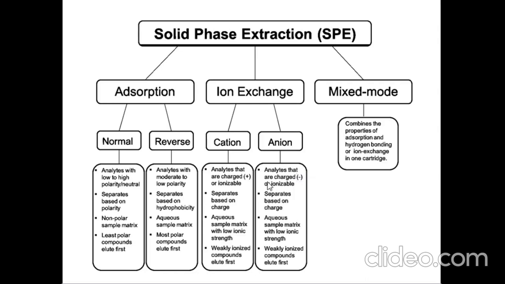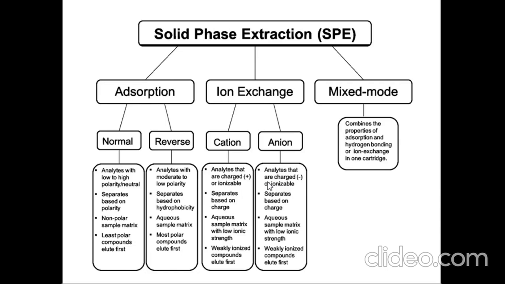It's a combination of the other two phases. So solid phase extraction is a powerful separation technique for extraction of biomolecules from a mixture of solutions. So in adsorption, you have normal phase and reverse phase, and in ion exchange, you have cation phase and anionic phase.